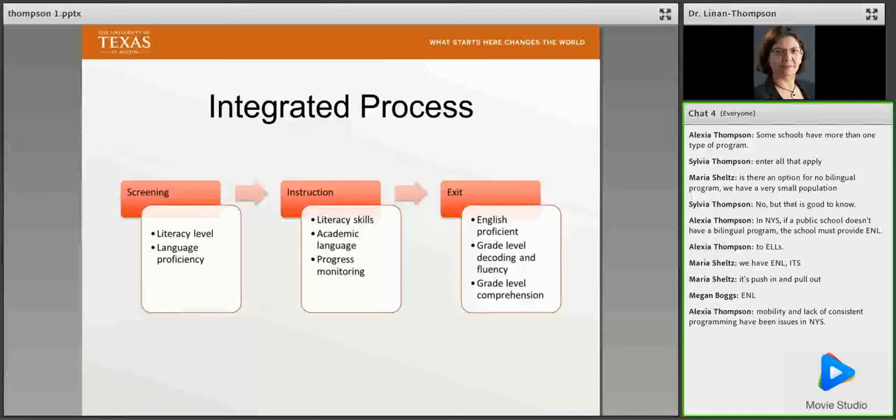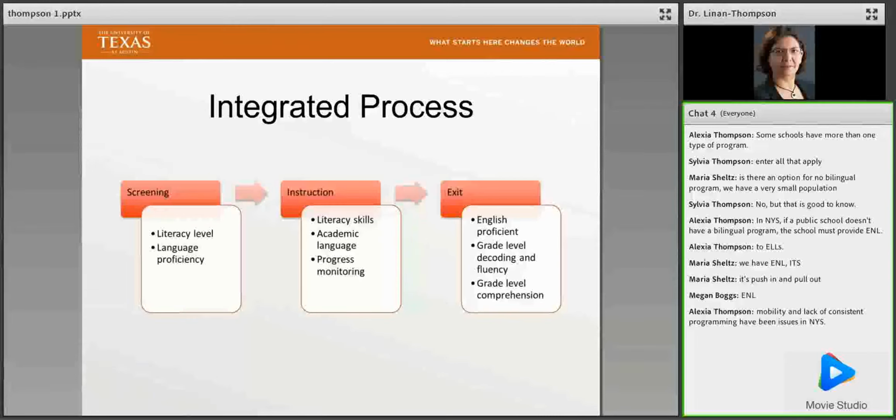In terms of instruction, again, sort of the things that we have talked about: literacy skills, academic language, and then the progress monitoring in one or two languages. And then I think this is the important part in terms of exit. Obviously for ESL they have to be English proficient, but I think that we need to have that as a goal just as much as it's part of RTI.